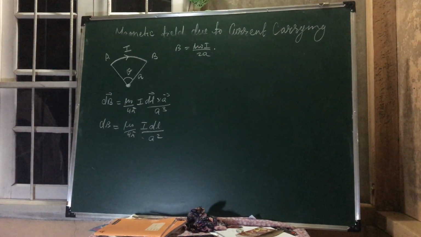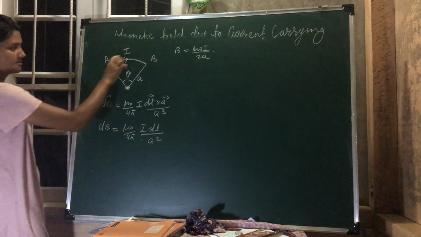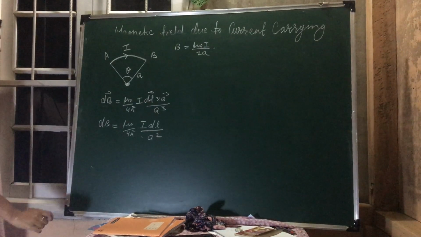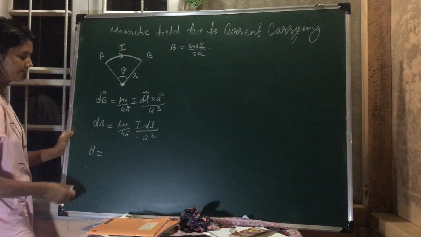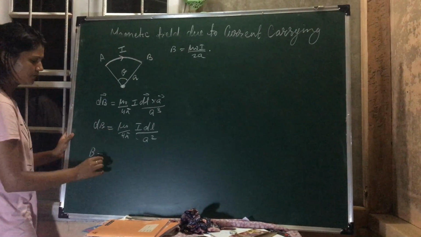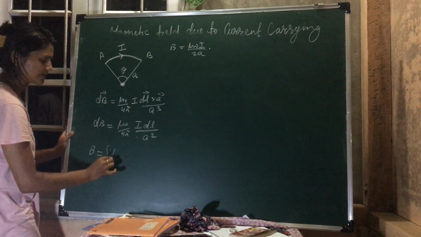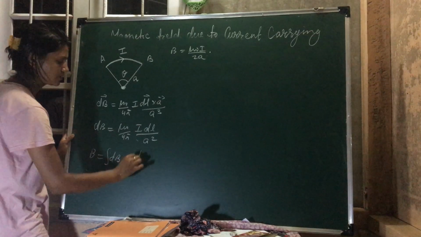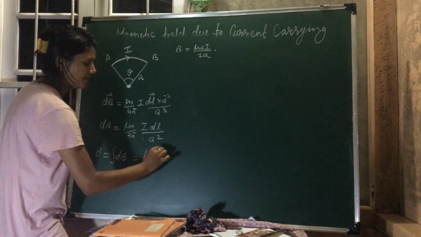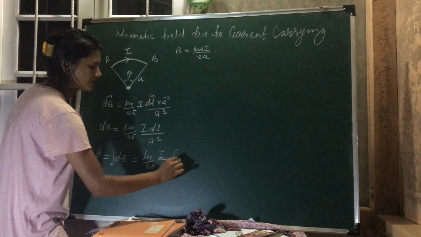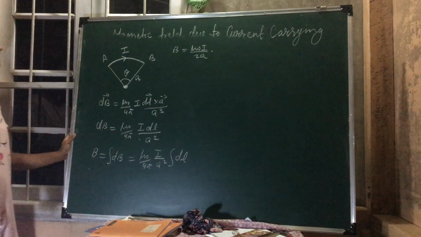Then we need to integrate it. The integration of dB is equal to mu 0 by 4 pi, I by A square, integration of dl.